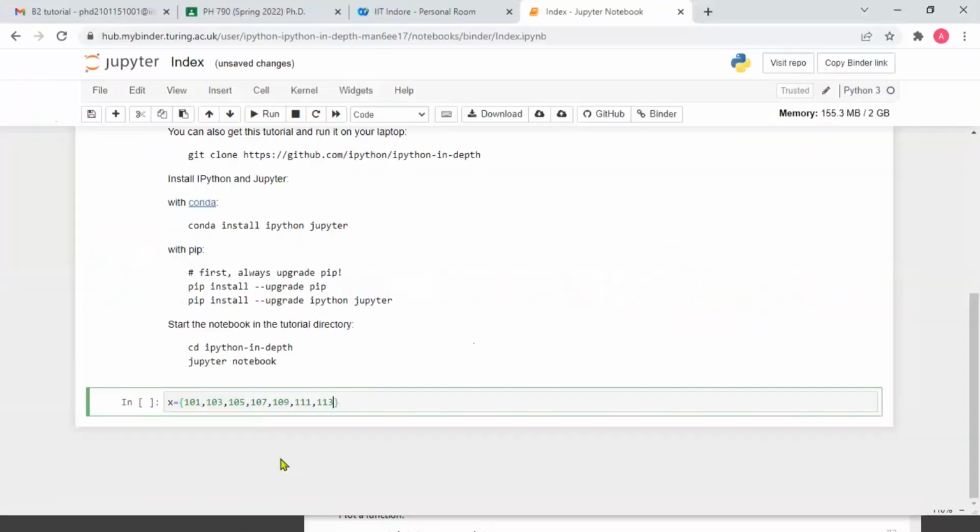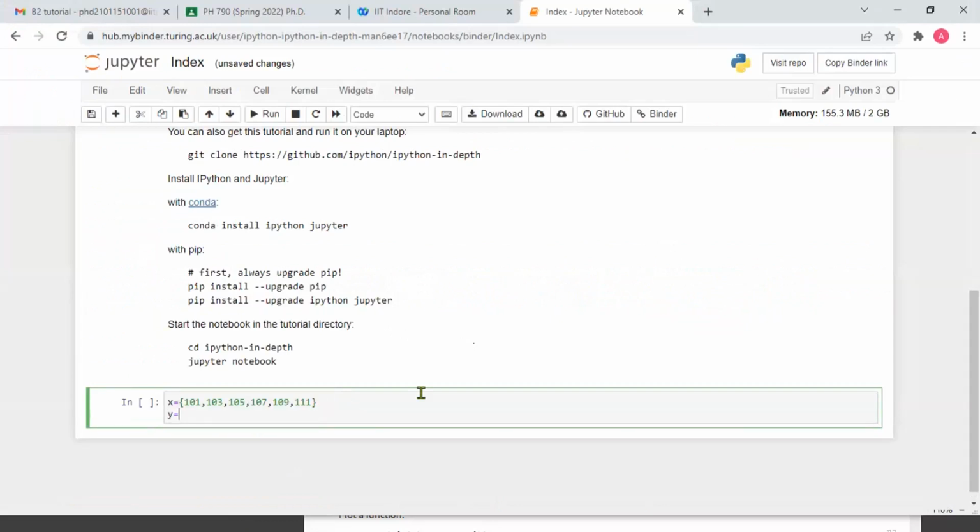So let's just go up till 111. So that's X, and then I need to give the Y values.